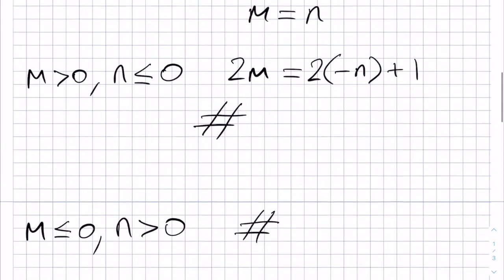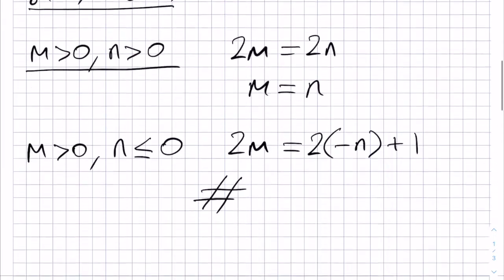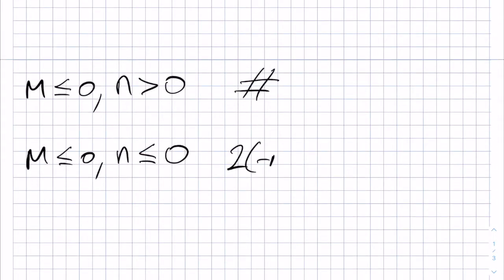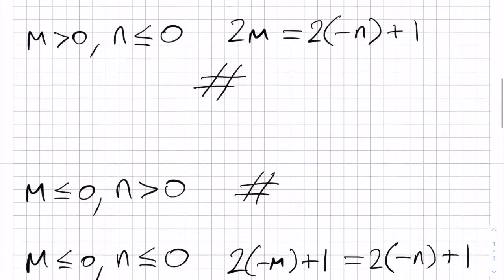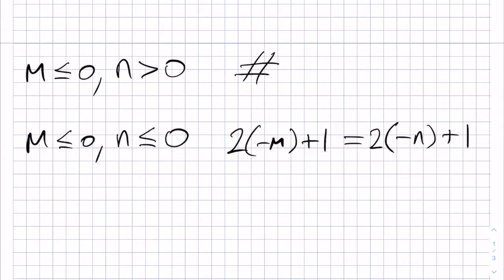Now we have f of m being 2 lots of minus m plus 1, and similarly for f of n we have the same thing, but n replacing m. And so again, if we rearrange this, essentially just like the first case, even though that was slightly simpler, i.e. we minus 1 from both sides, divide by 2, and ignore the minus signs, i.e. times by minus 1, this still results in m being equal to n.